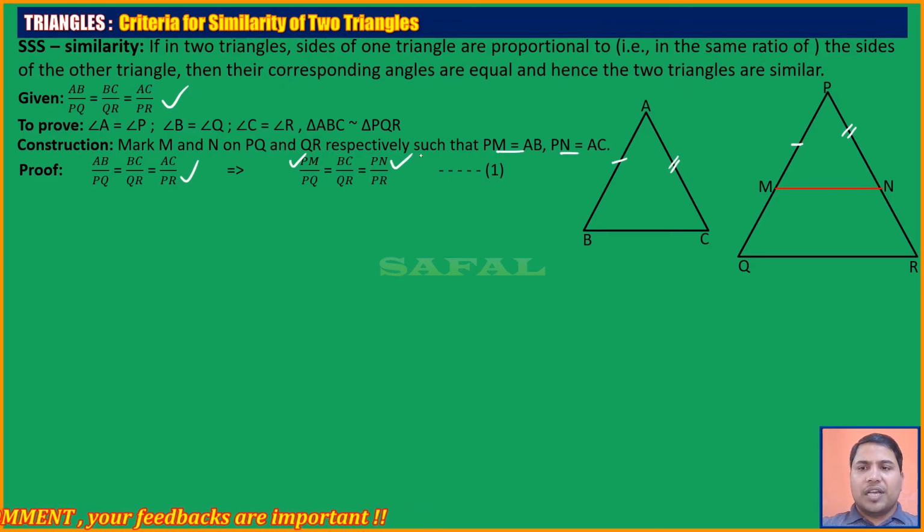Now if you watch carefully in triangle PQR, you can see that PM by PQ is the same as PN by PR. That means MN divides sides PQ and PR in the same ratio. So by converse of BPT I can say that MN must be parallel to QR.